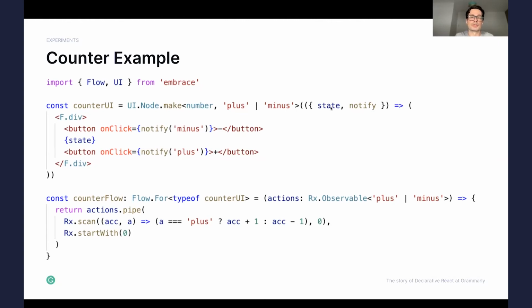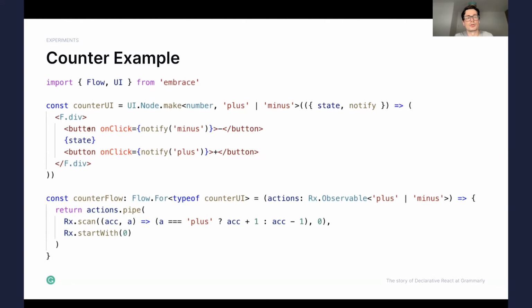And then we provide a function that accepts a state, which is observable of number, and a notify function that can notify plus or minus. And we use focal to render those things, using focal being to React.